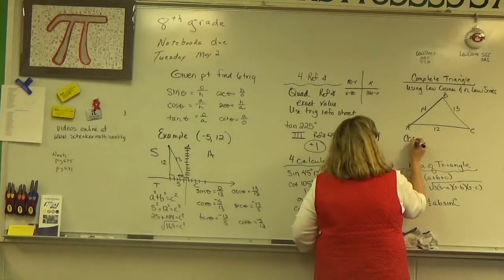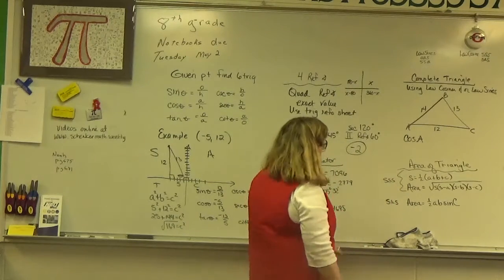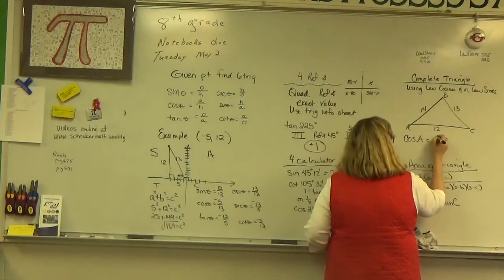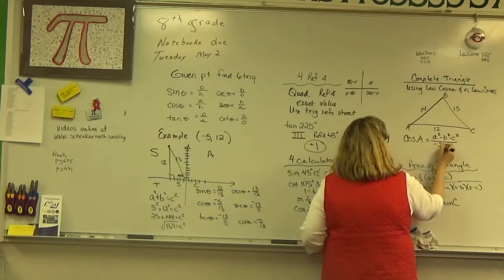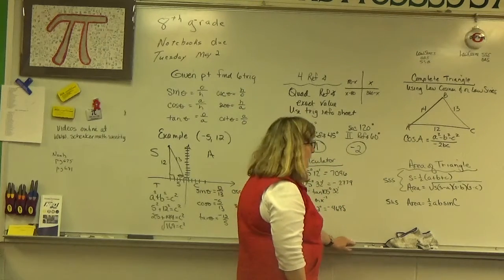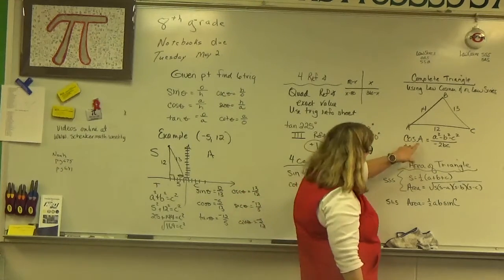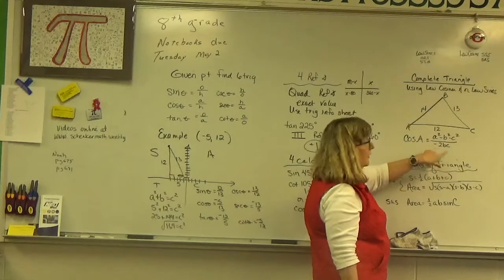So cosine of A, I always find the one that comes alphabetically first, is A squared, I'll write the formula down first, minus B squared minus C squared over negative 2 times B times C. And whichever side or angle you want, you start with that side first and then subtract the other 2.